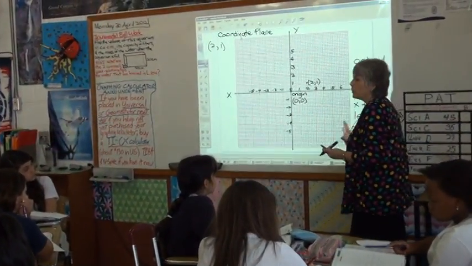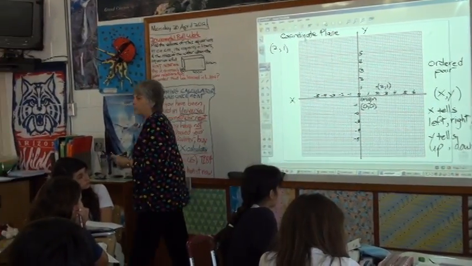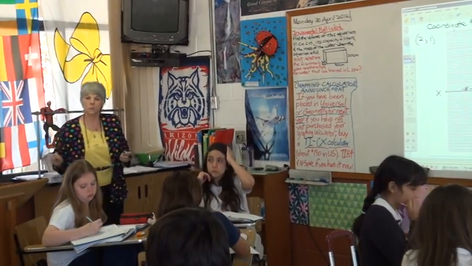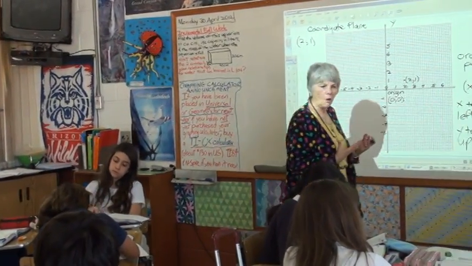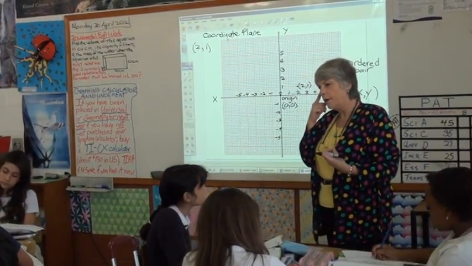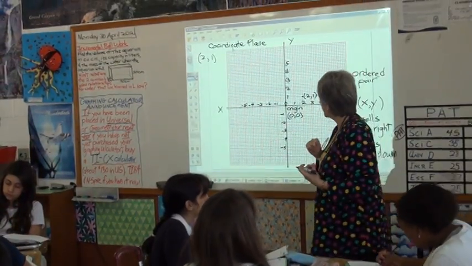Okay. Now the other thing we need to know about the coordinate plane is that it has something called quadrants. A quadrant represents a certain fractional part of the coordinate plane. When you think of the word quad, what number do you think of? 4. That's right.